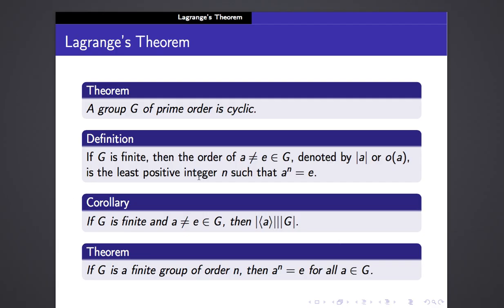It's the least positive integer n such that a to the n equals the identity. That's the definition.